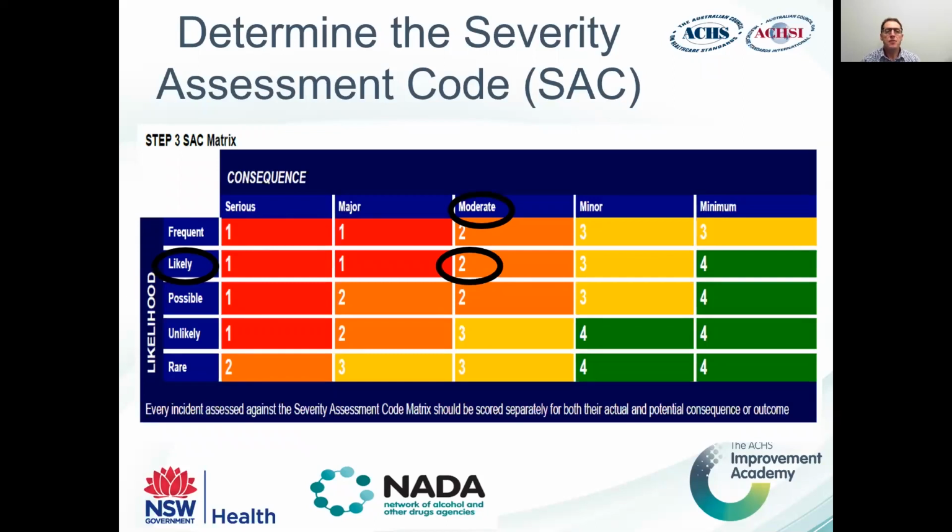So if the consequence is considered moderate and the likelihood is considered likely, then that is scored as a SAC rating 2. If the consequence is considered moderate and the likelihood is considered unlikely, that is considered a SAC rating 3. And then clearly from this table, SAC ratings are either 1, 2, 3, or 4.